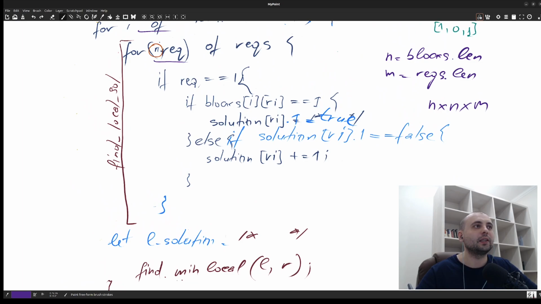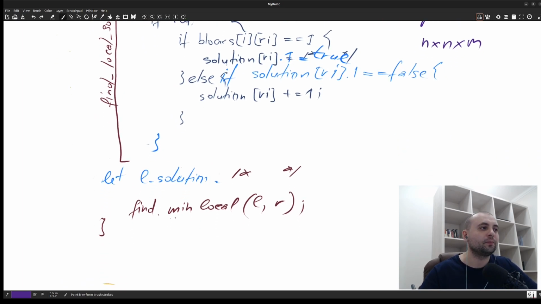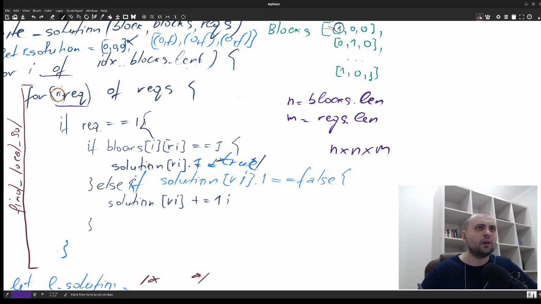If we start in the middle, then it will be a full n. So it will always be a full n pretty much. Then the big O of our algorithm will be n squared multiplied by m, which is not necessarily a good algorithm.